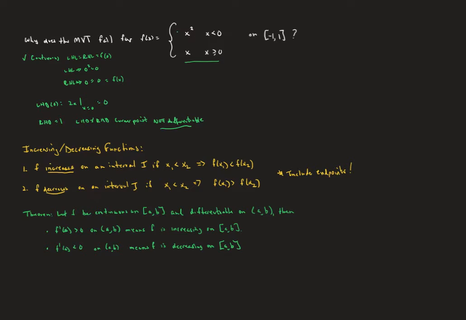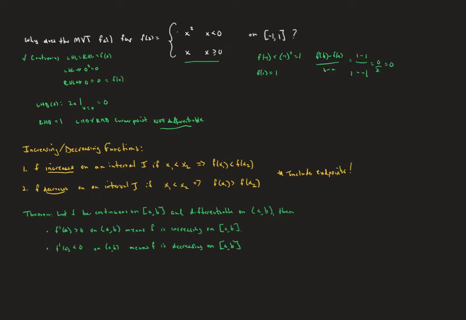And we'll see then that f of -1 is -1 squared, which is +1. f of +1 is just x, which is 1. So f of b minus f of a over b minus a is going to be 1 minus 1 over 1 minus -1, which is 0 over 2, which is 0.